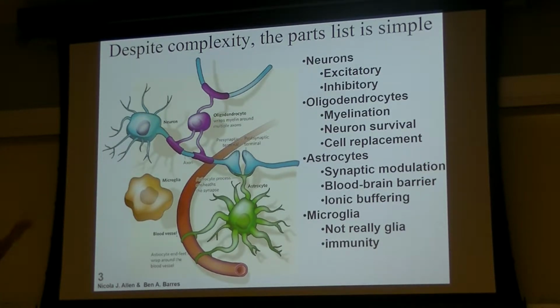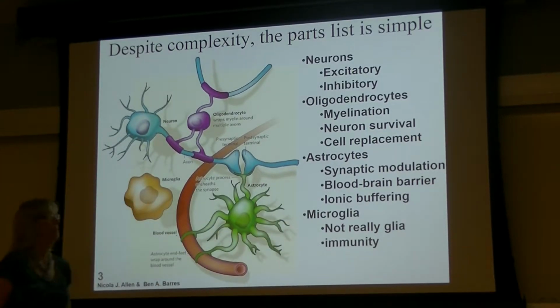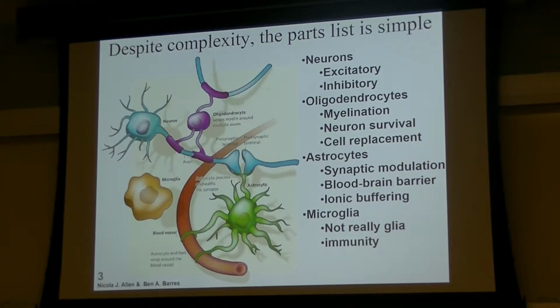Oligodendrocytes can also be important for neuron survival or for cell replacement if some cells have to go in and replace cells that have died. Then astrocytes are a particular class of glial cells, and they have their own job to do during development. They're especially important in the blood-brain barrier and in buffering.